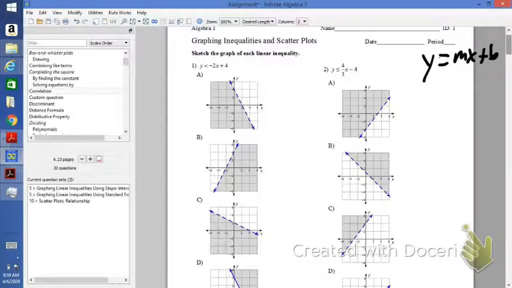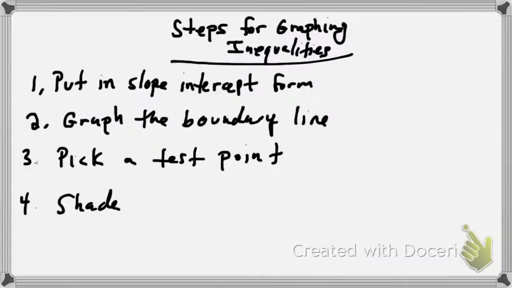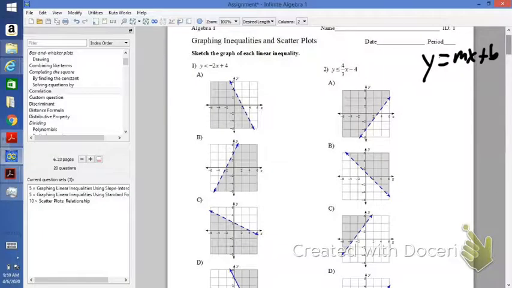In these problems the equal sign is going to be an inequality sign, but notice how you have the y by itself, then your slope and your x, and then your b, which is your y-intercept. It's already in slope-intercept form, so we go to step number 2, graph the boundary line.